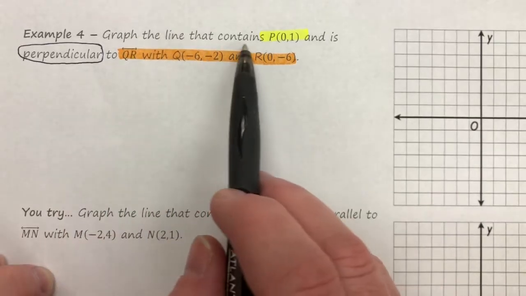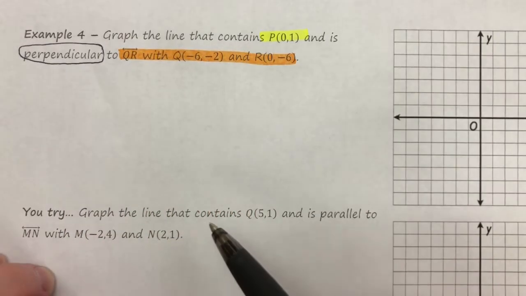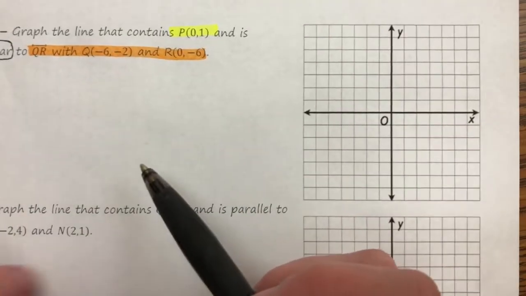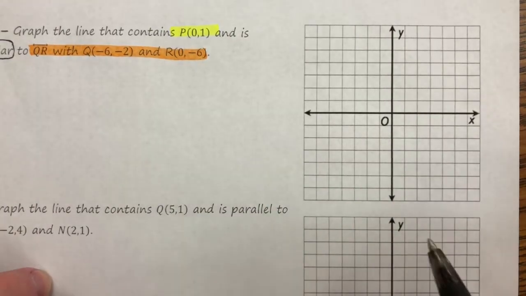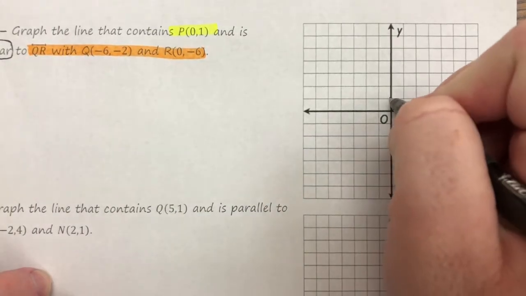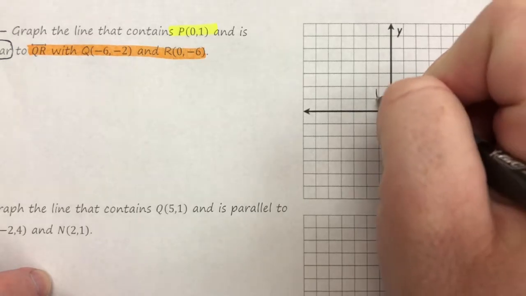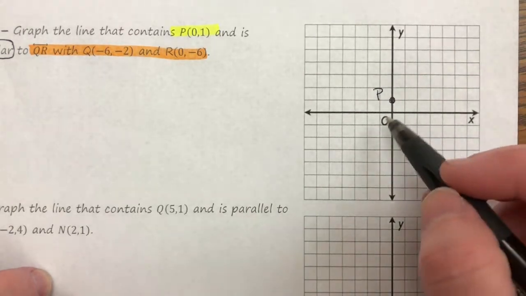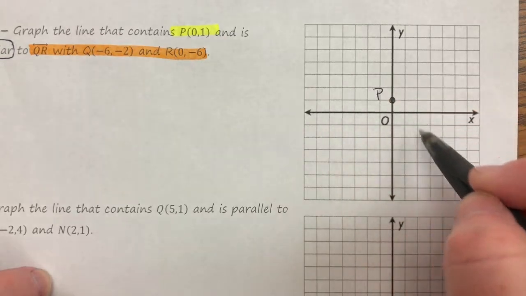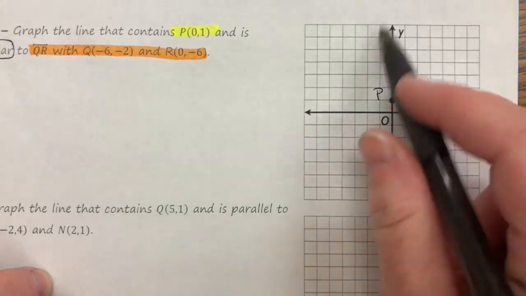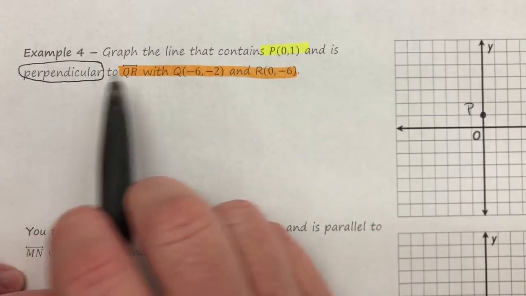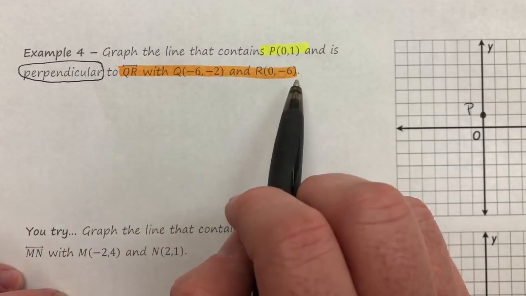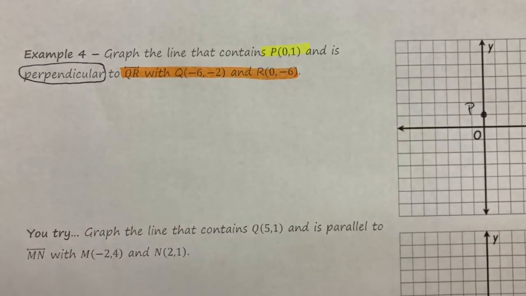All right, so first of all, we're graphing a line that contains point P, and that's all we know is it contains point P. So first thing we want to do is plot point P, and it's at 0, 1. So here is point P. Okay, and then to graph a line, we don't know if the line goes this direction or side to side or up or down. We know nothing else about it other than it intersects this line QR at 90 degrees, right?